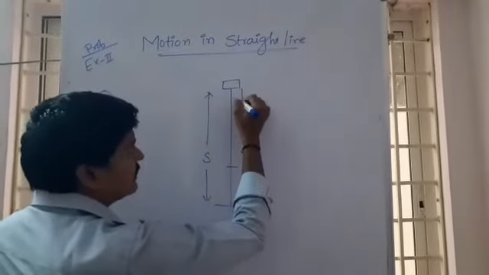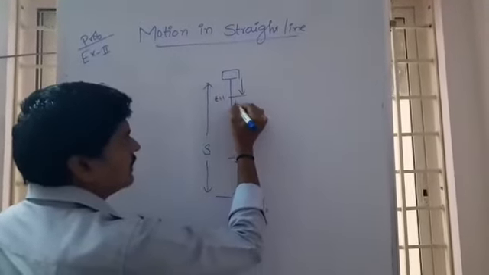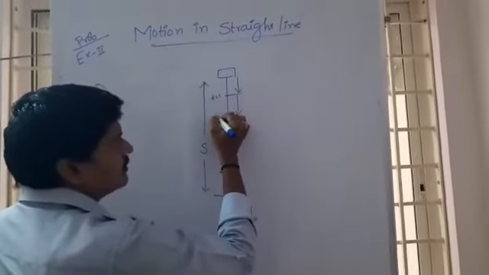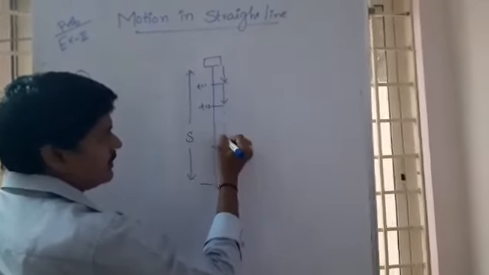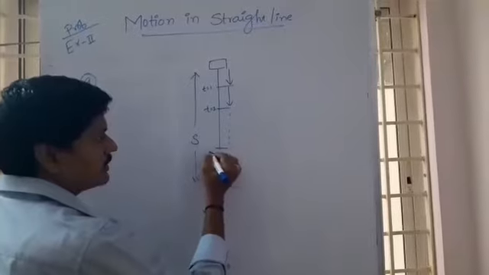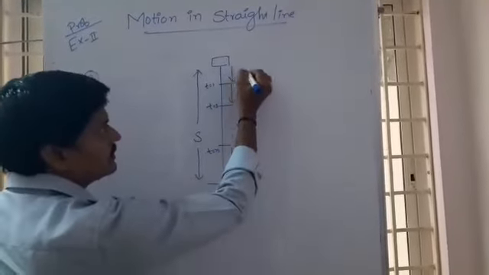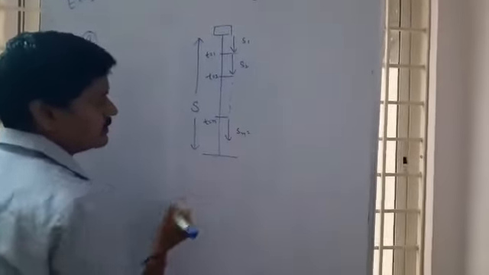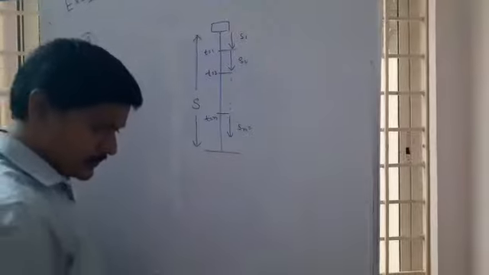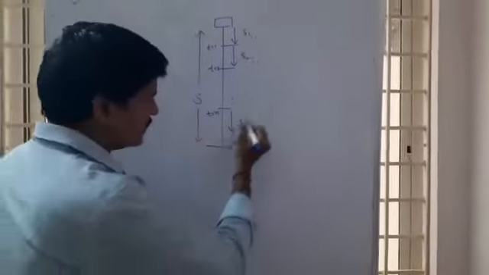This is the first second, T is equal to 1, next second T is equal to 2 seconds. Like this way, the last second of its journey, T is equal to n, covering displacement S1, S2, like this way, Sn is equal to 9 by 25th of the total distance.